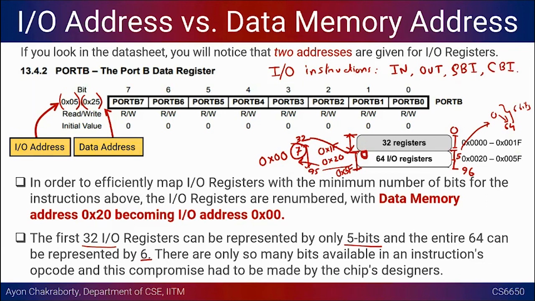There are some of these instructions which directly work on the input output register, but the operand of the register has to be passed by subtracting the base address, right? Whereas if you are directly accessing it from the data memory, you don't have to do that, right? You can directly use whatever offset starting from 00 to whatever is the byte location in the SRAM. You can use that.